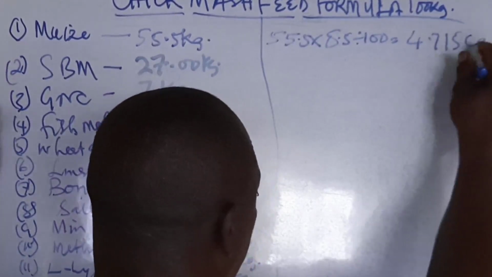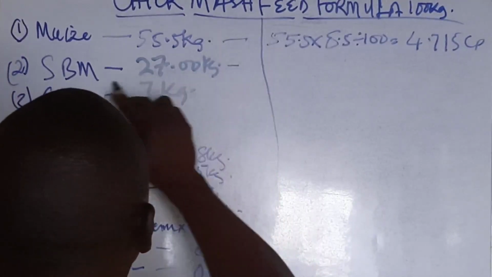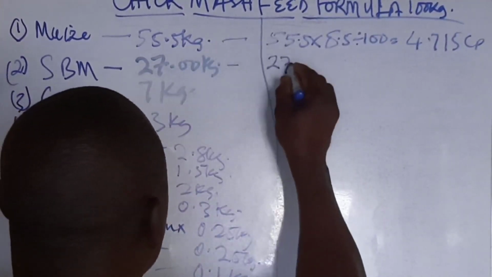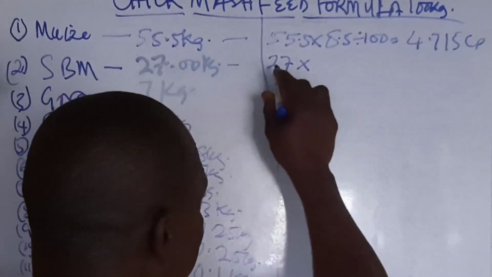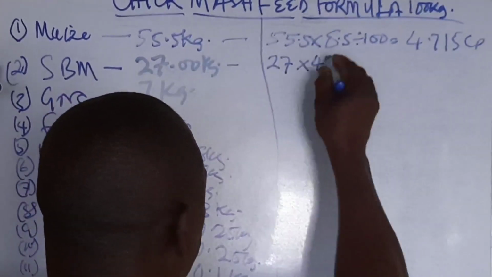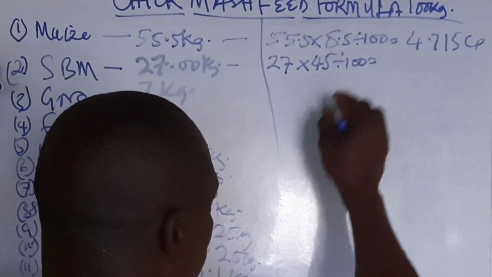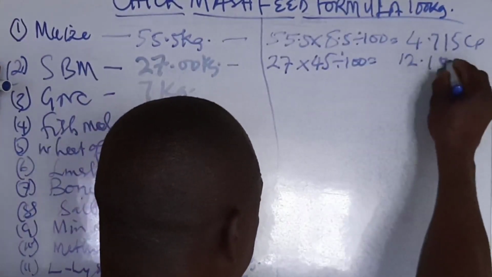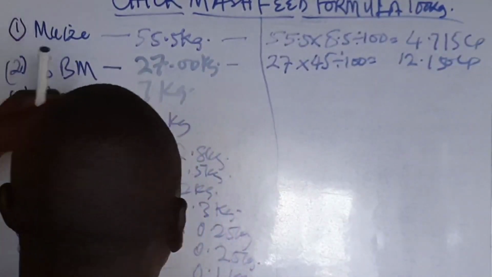The next one here is soybean. 27 times 45, it's always 45, divided by 100, which will give us 12.150 CP. Now the next one here is GNC.